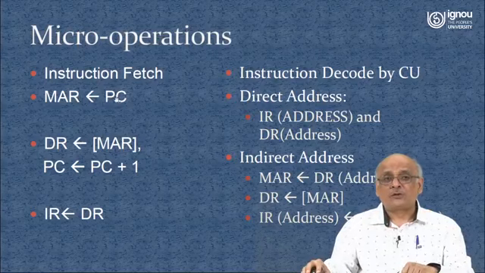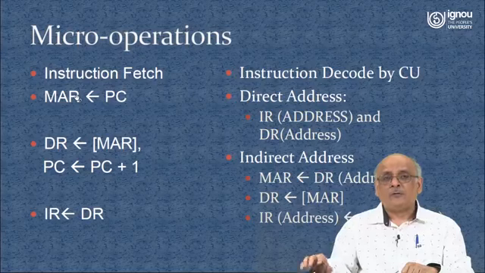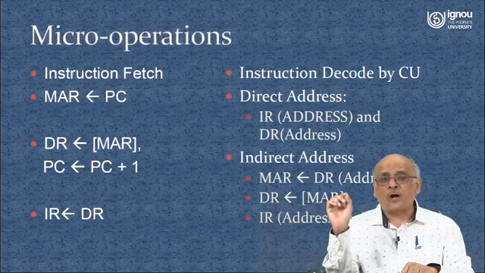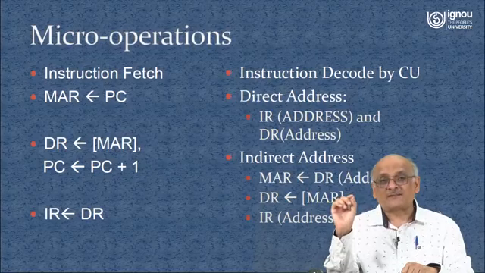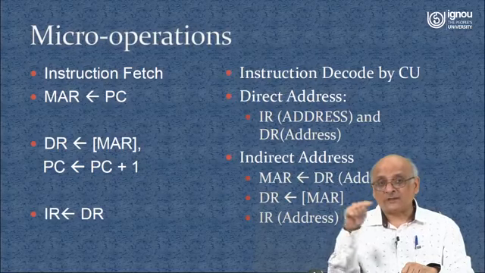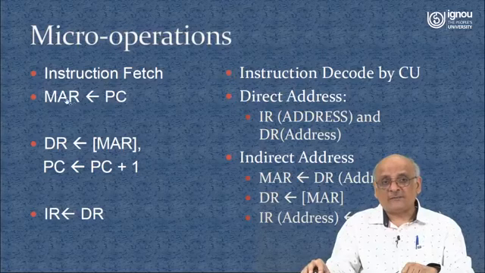This program counter register contains the address of the next instruction to be executed. Now I transfer the program counter to the memory address register, which is interfaced to the processor to memory bus.